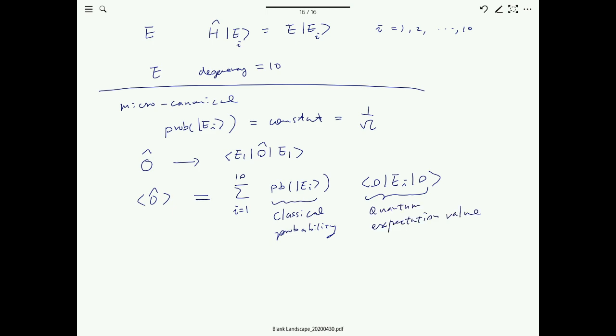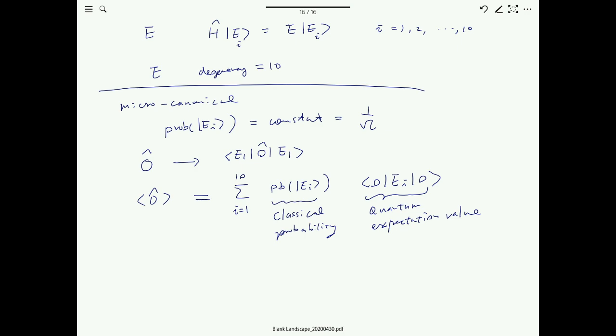So if we consider quantum mechanics, then the expectation value of a certain variable can be written as, first, a classical probability part, depending on how many possible states you have.